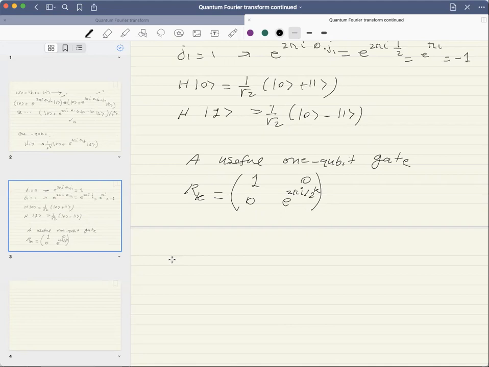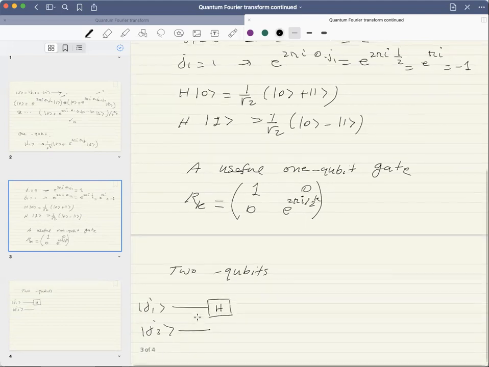Now, consider a system of 2 qubits. And let's say J1 comes in, J2 comes in. I take J1, hit it with a Hadamard.